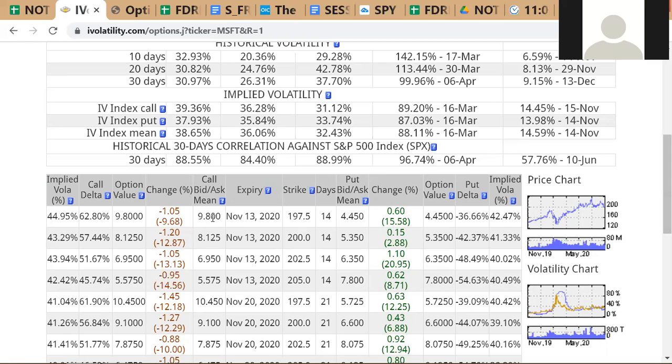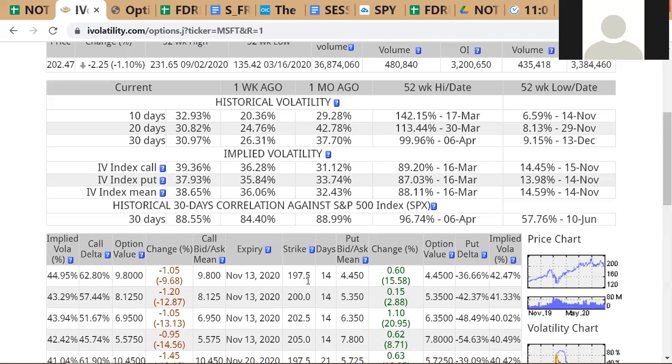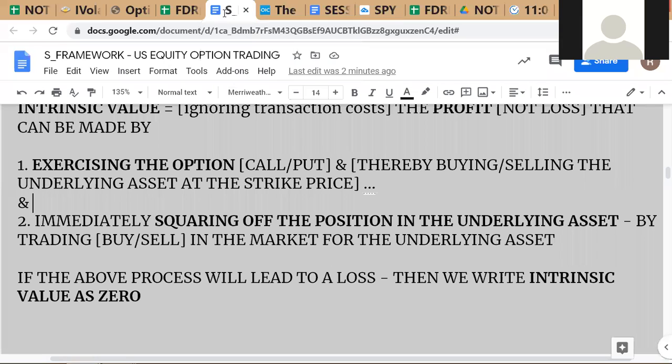So by exercising, we bought the underlying shares at 197.5, one option contract, so 100 shares, by forcing the seller of the option to discharge his obligations under the option contract. And we bought 100 shares of Microsoft at a cost of 197.5. This is step one. Step two, immediately square off the position in the underlying asset.